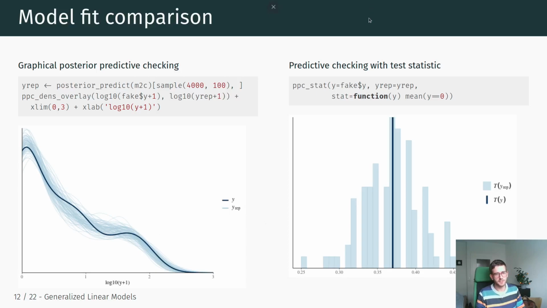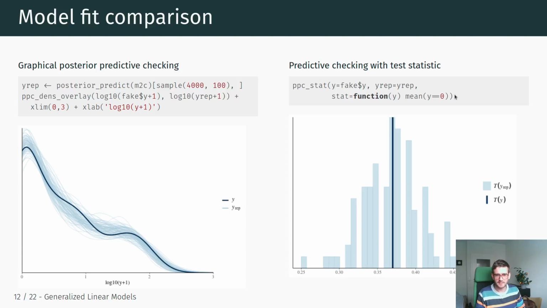Another thing we can do is use predictive checking with test statistics, the way we talked about in the past. For example, one thing that we often encounter in count models is a very large number of observations with just zero events.